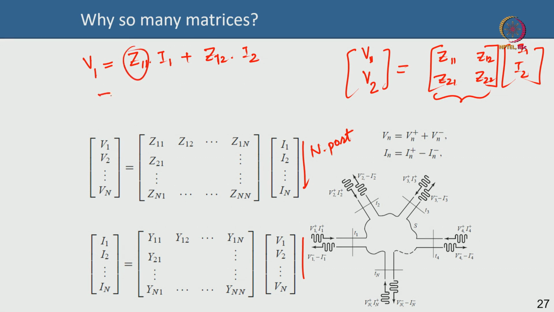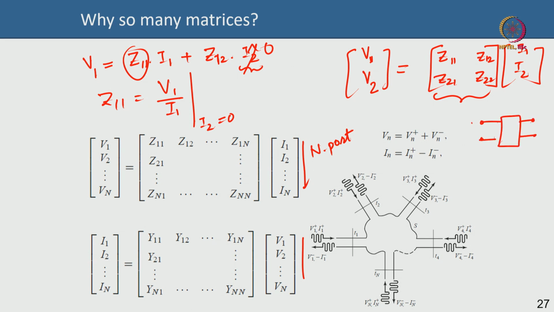Now for instance, if I want to find out the value of Z11, then I can say that Z11 is equal to V1 by I1 when I2 is equal to 0. If I look at the 2 port, this is your input and this is your output.